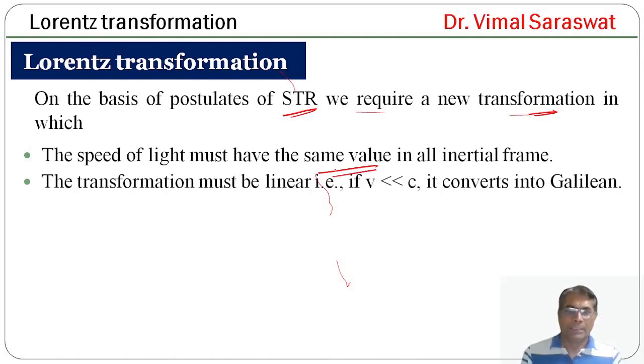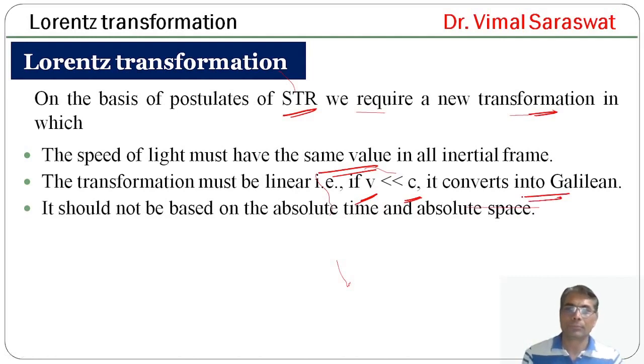The transformation must be linear. That is, if the velocity is very much less than the velocity of light, then it converts into the Galilean transformation. And it should not be based on absolute time and absolute space, whereas the Galilean transformation is based on absolute time.